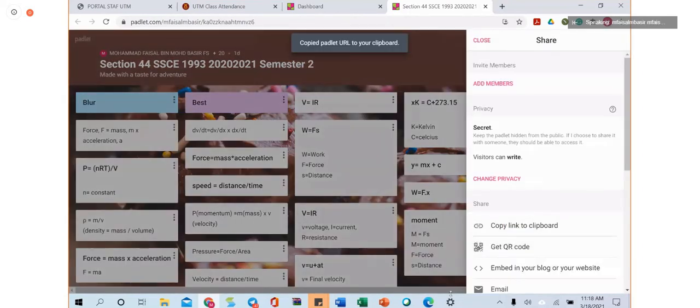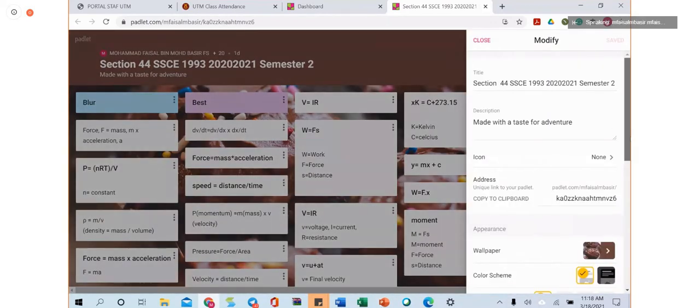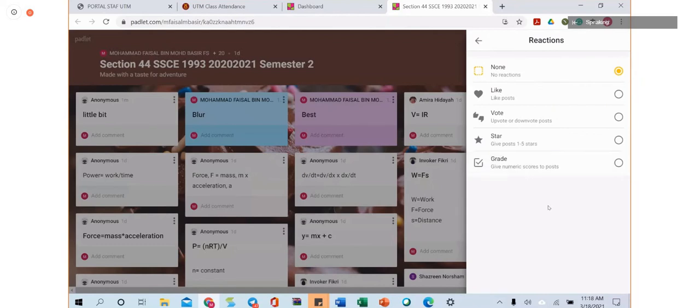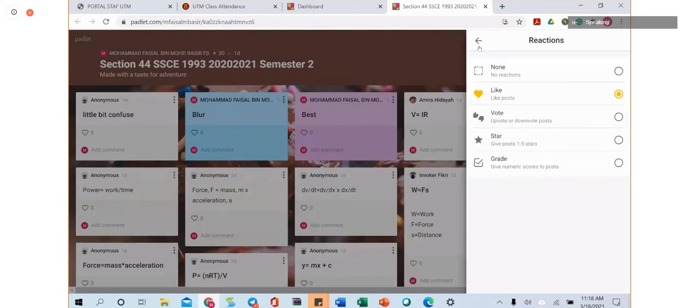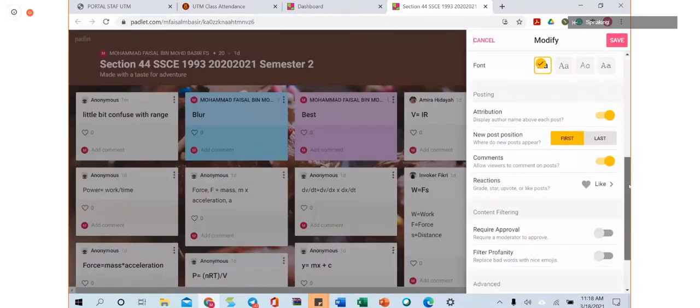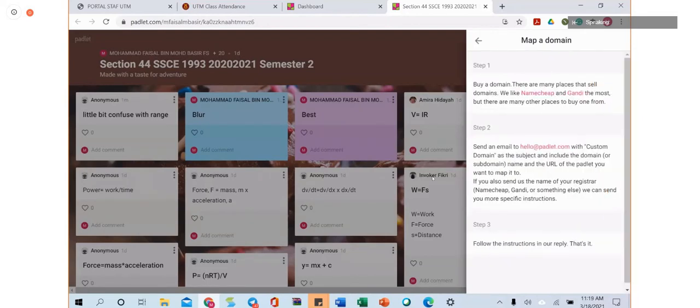Can you comment on my post? Let me share it with you first. Okay, try to open the Padlet.